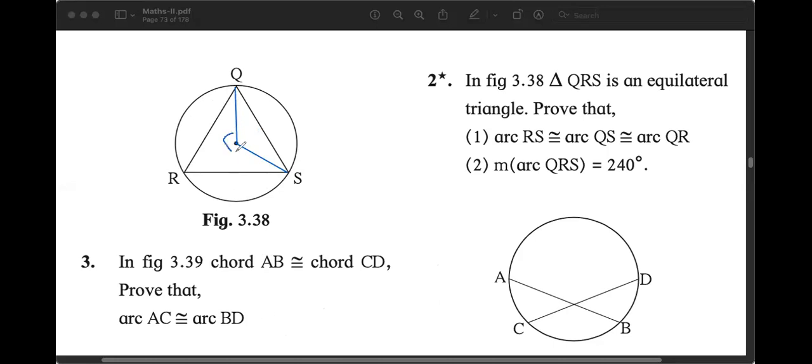We have to prove that this angle is 240 degrees. We may not know this angle, but we definitely know this angle. Do we know this angle? Who will tell me how much is this angle? How can we calculate this angle? We know this angle.